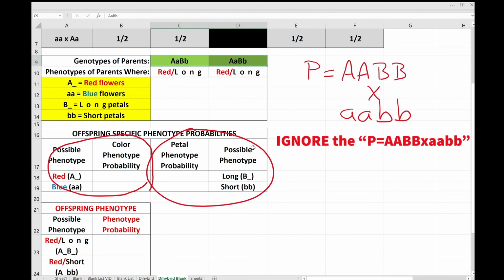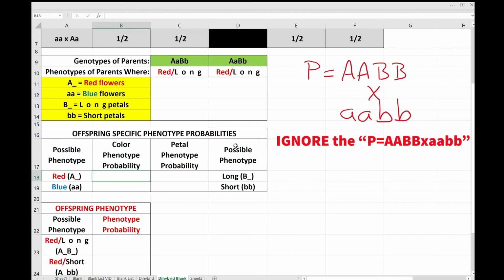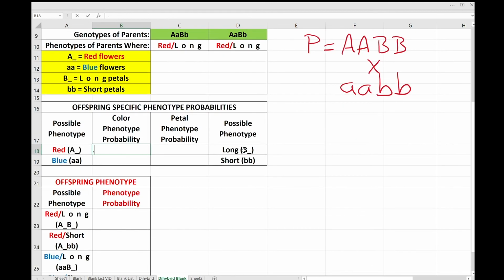So if you cross a red heterozygous with a red heterozygous, what's the probability that you're going to get red offspring? 3/4. So we're going to enter 3/4. Therefore, what's the probability of having blue? 1/4. And we're going to look at petal length. If both parents are heterozygous for petals, what's the probability of having long petals? 3/4. Short petals? 1/4. Great.